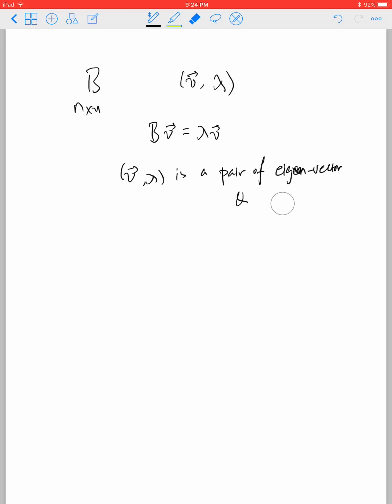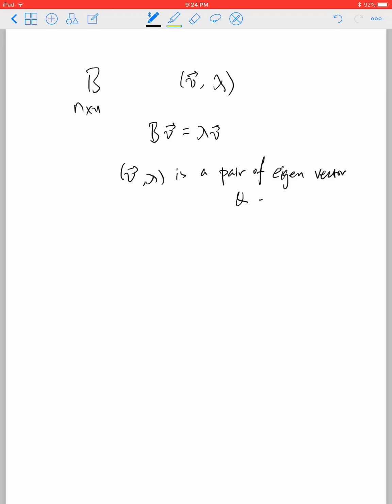This is very different from the singular value decomposition, which does not restrict the size of the matrix. The matrix could be a rectangle or a square. But for eigenvectors and eigenvalues, we limit our range to square matrices. So we assume our matrix is an n by n square matrix.